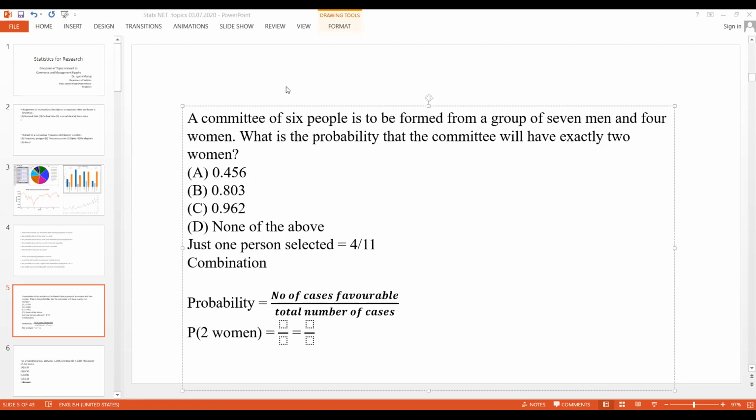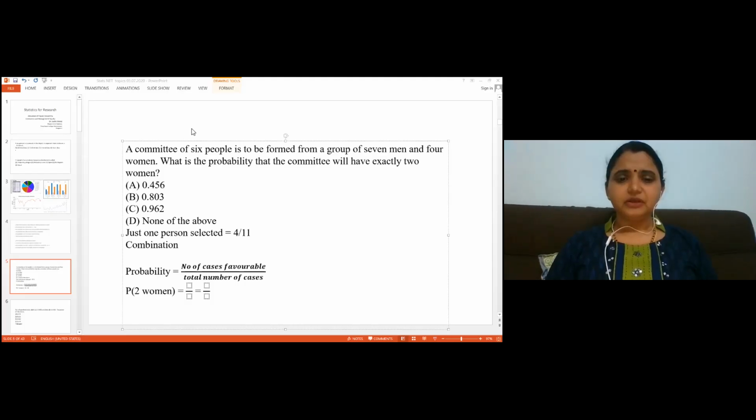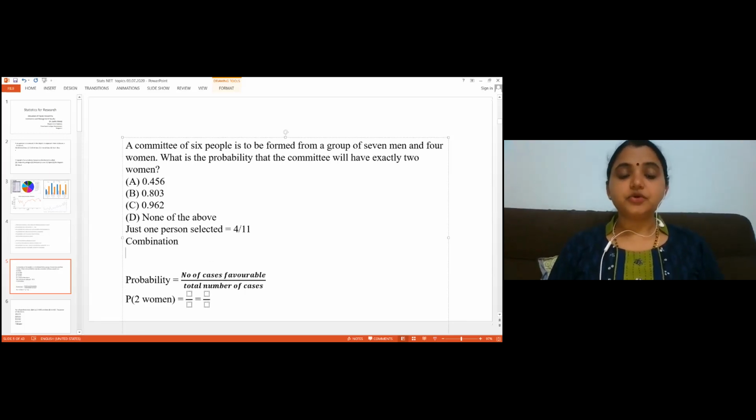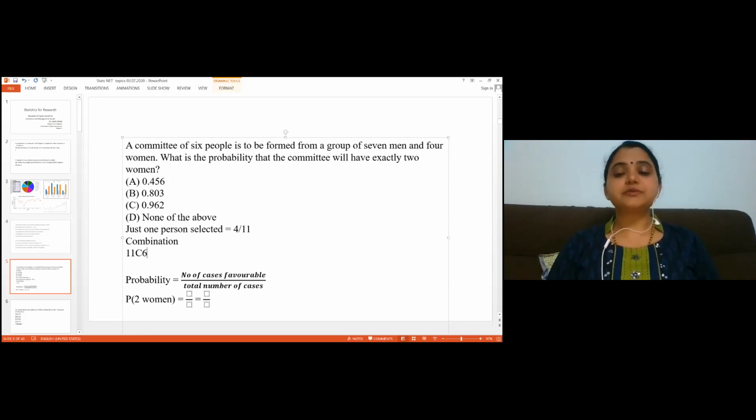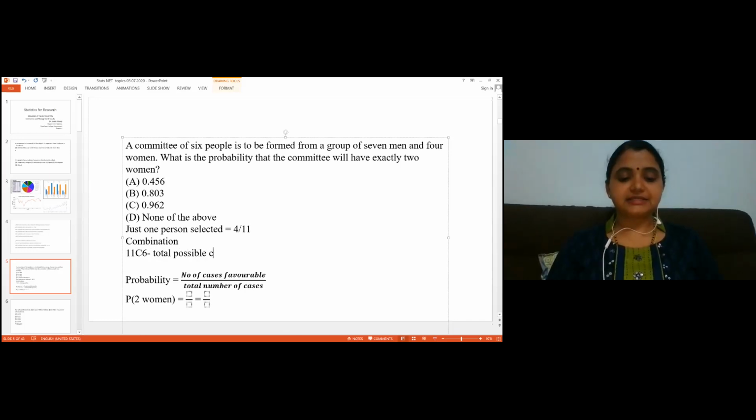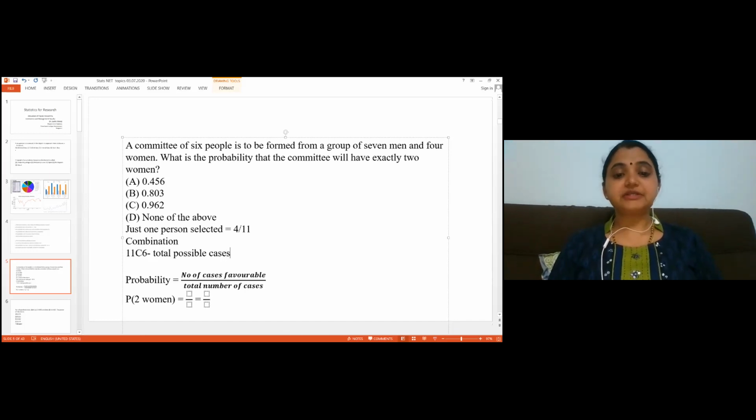The meaning of combination is that you can select from 11 members a combination of 6, 11C6, all possible combinations of 6 from 11. So the denominator, the total possible cases, is 11C6.